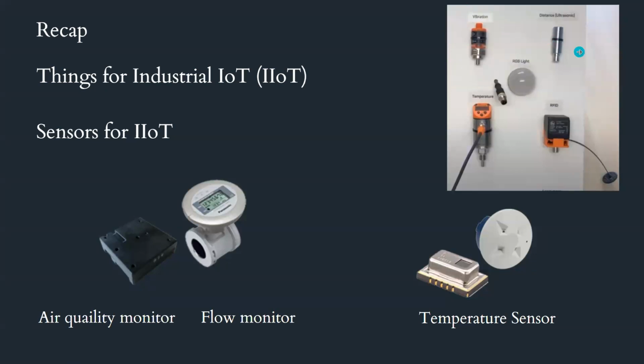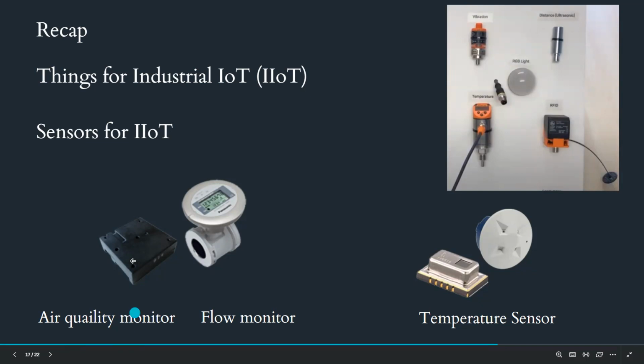Different sensors are there, for example, vibration measurement, distance measurement, temperature measurement, RFID module integrated sensors, and those sensors are very robust and large in size. When we compare with the normal temperature sensors, these sensors that are used in the industry are more durable and can be used for a long time.